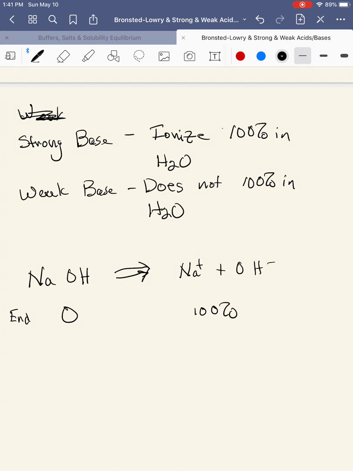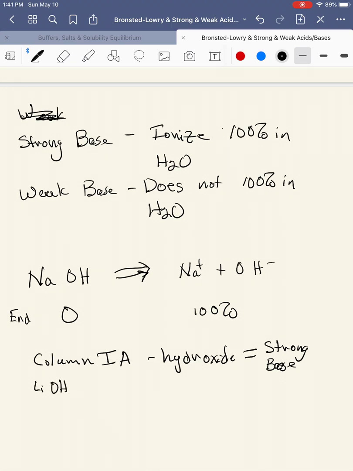Okay, how do I identify a strong base? Off your periodic table, any column 1A hydroxide is a strong base. So you look at column 1 in your periodic table: lithium hydroxide, sodium hydroxide.